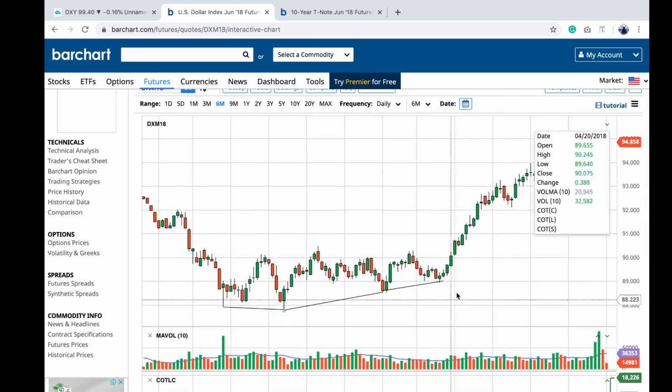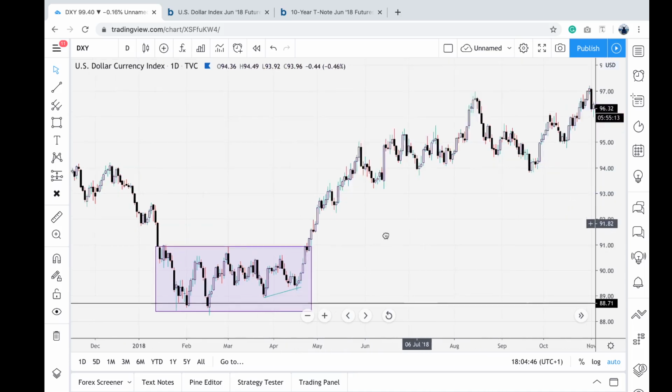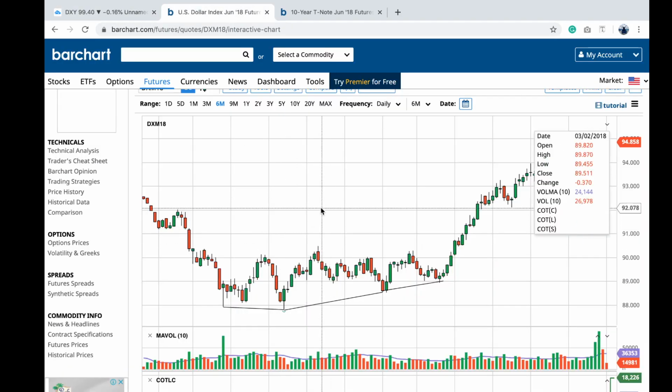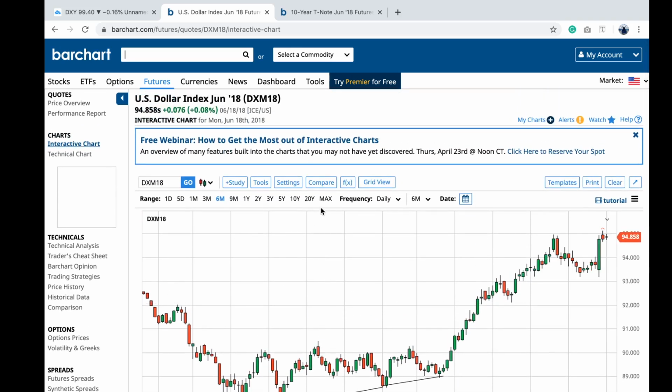And you can see the institutional sponsorship indicated by this very extended move all the way from April up until August. A very extended move to support that central banks were really net long and worked massive positions inside of that range, just by simply utilizing the divergence between the dollar index and the 10-year treasury note.